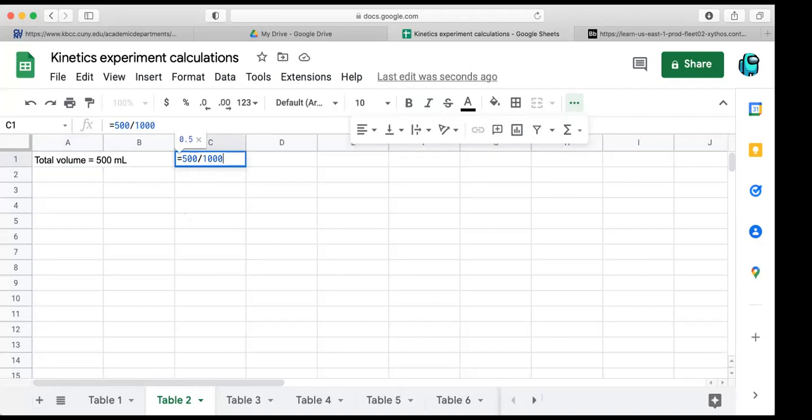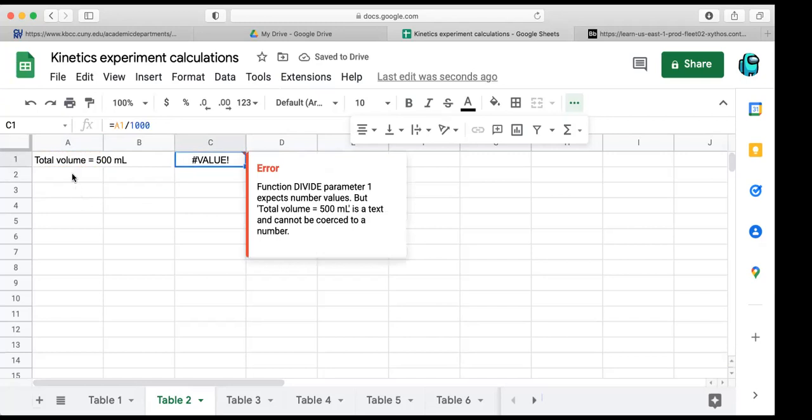Now, why didn't I just click on that cell? The reason I didn't click on that cell, so this is our volume in liters. The reason I didn't just click on this cell to do that calculation is I put text in there. I put words in there, and that's going to mess it up. It can only handle numbers. So even if you put the units in there, it'll mess the software up. I'll show you. Equal sign this over 1,000. See, it doesn't understand it.